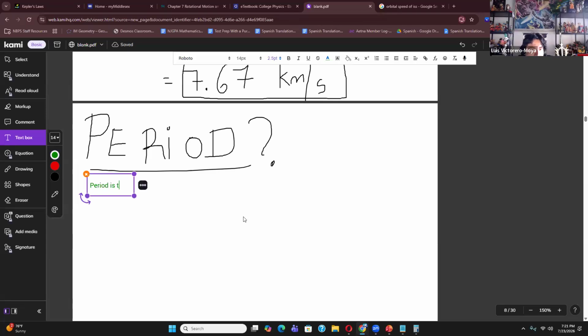Period is the time it takes for a mass to orbit, or period is a time of one revolution.